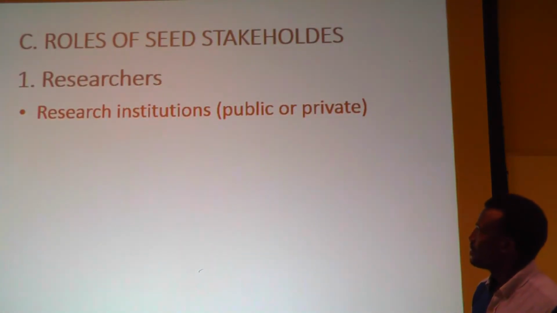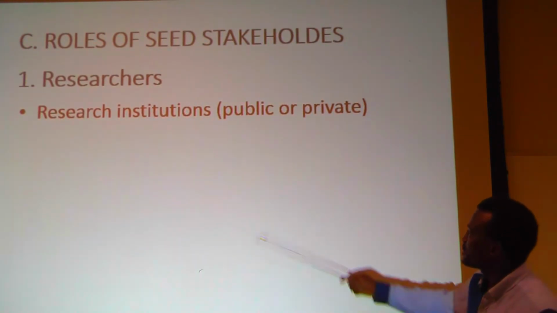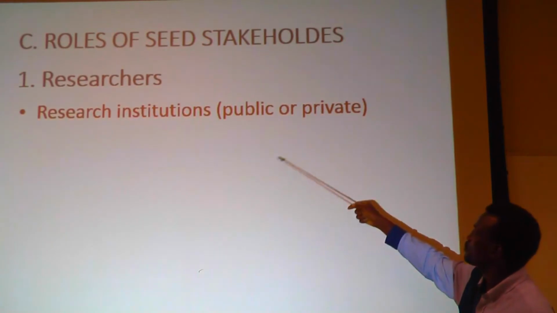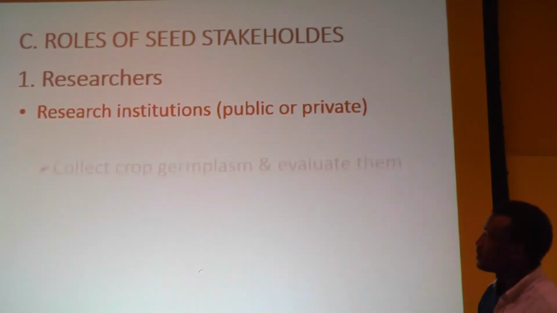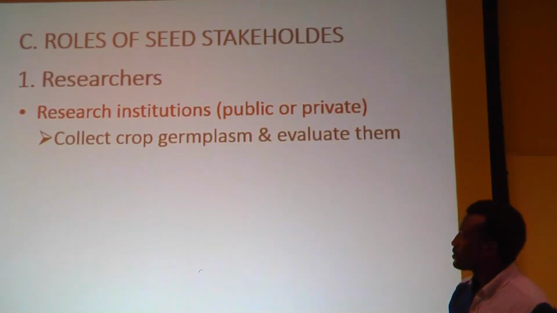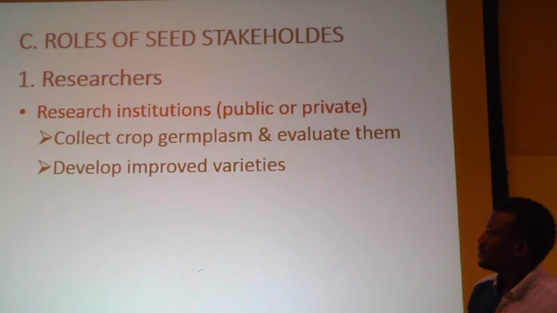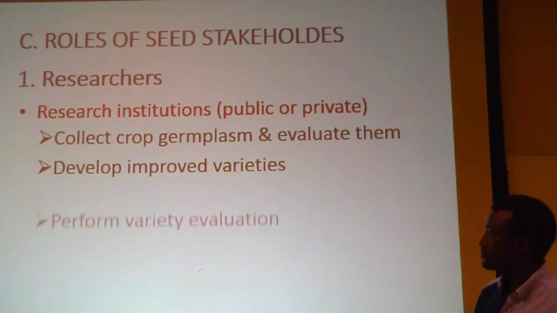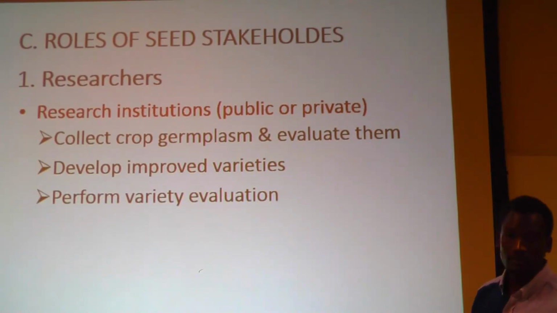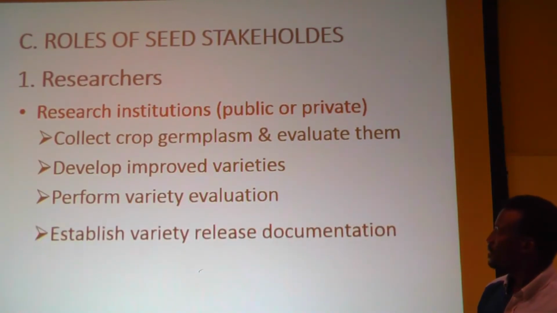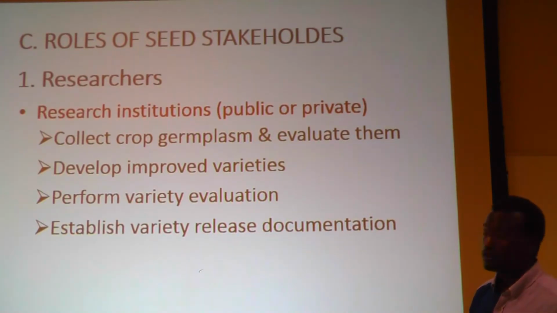Researchers, they are based at research institutions, which can be public institutions or private institutions. Their functions are to collect crop germplasm and evaluate them, to develop improved varieties that can be used by farmers, perform variety evaluation, establish variety release documents.